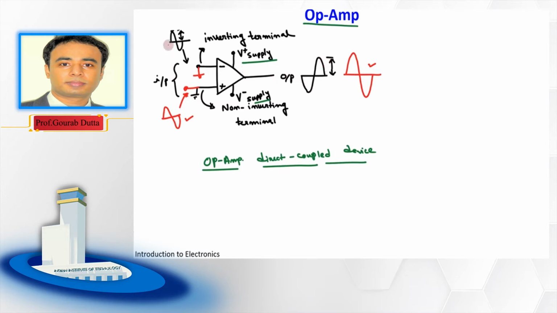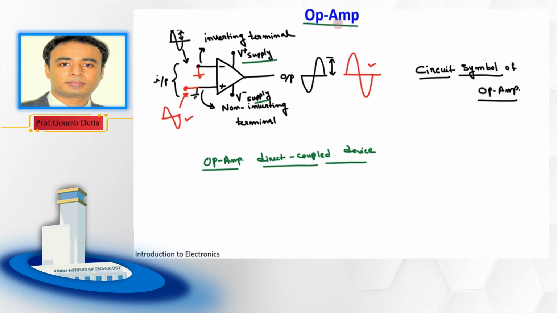And when you are applying an AC signal, there is no need to use any coupling capacitors. Fine. So I think the circuit symbol of this op amp is clear to you, isn't it?